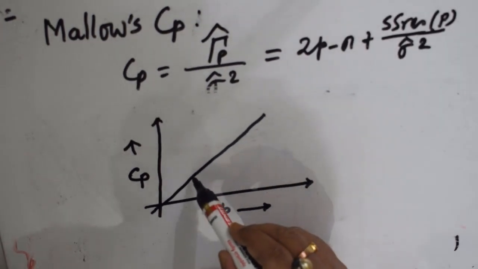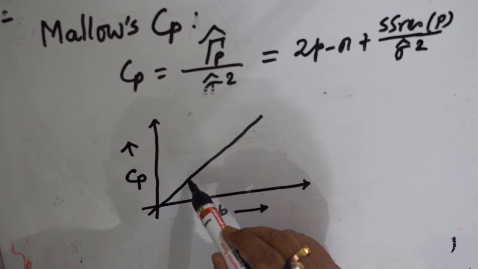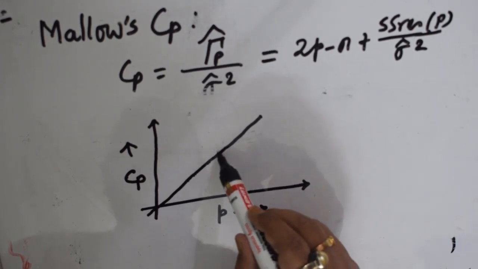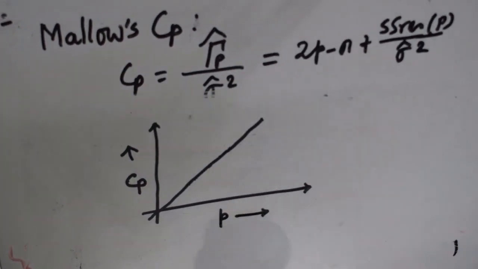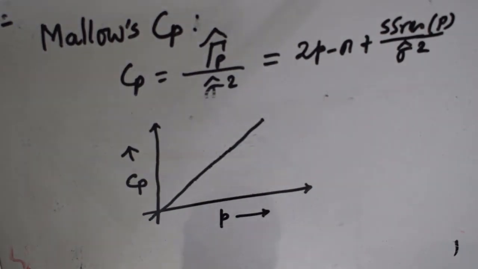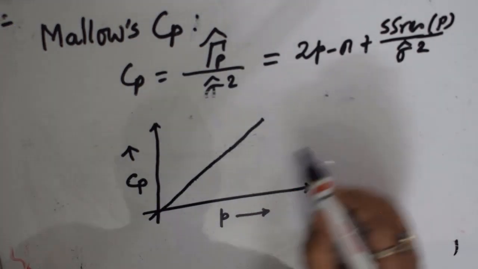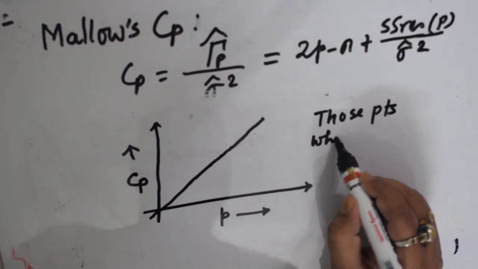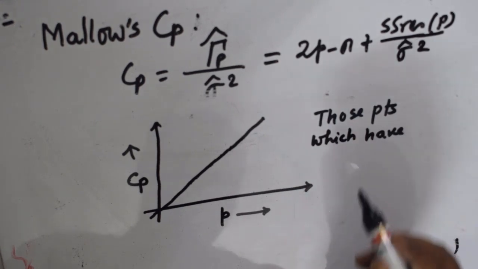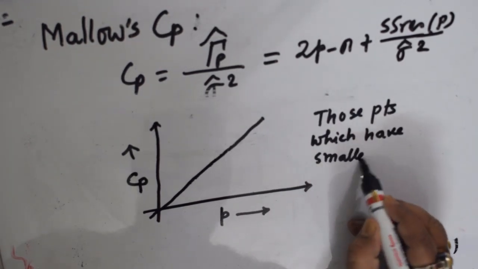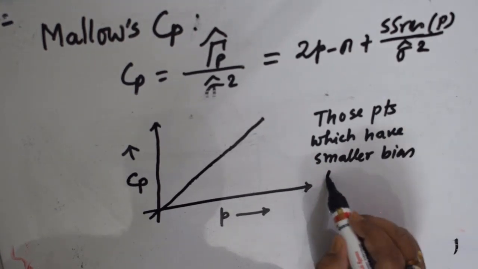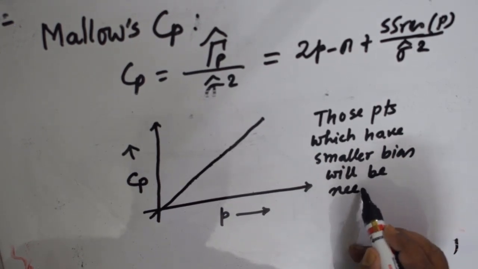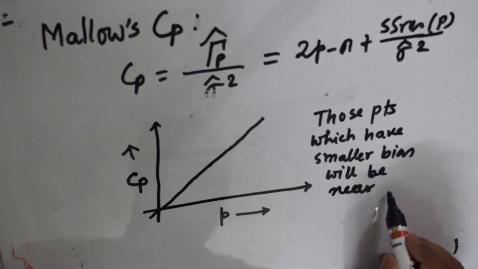That means if Cp equals P, then all points fall on the line, and those points which have smaller bias will be near to the line.